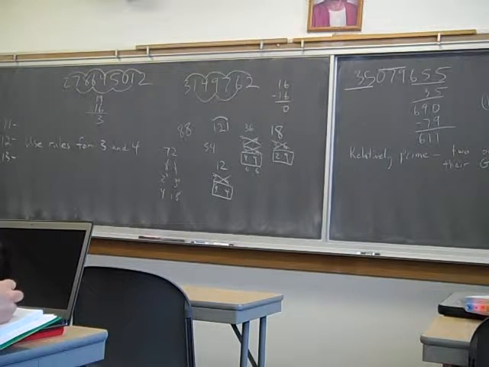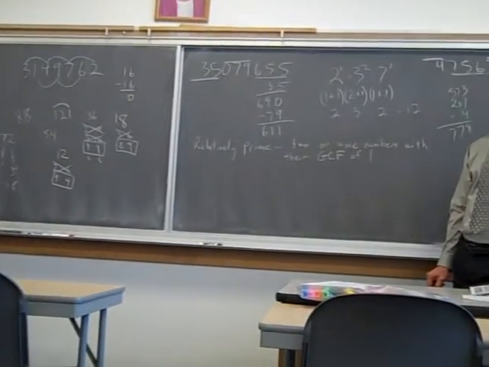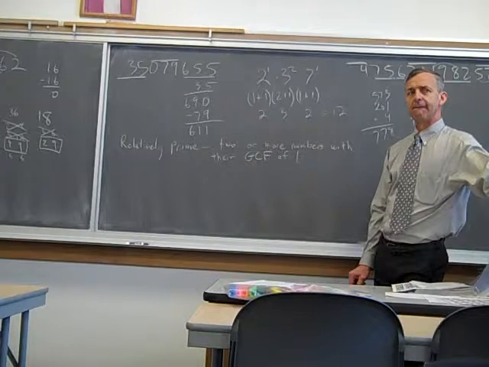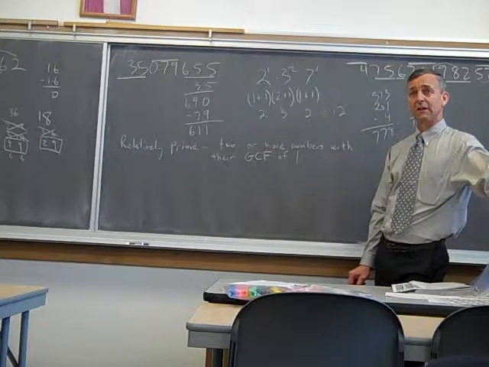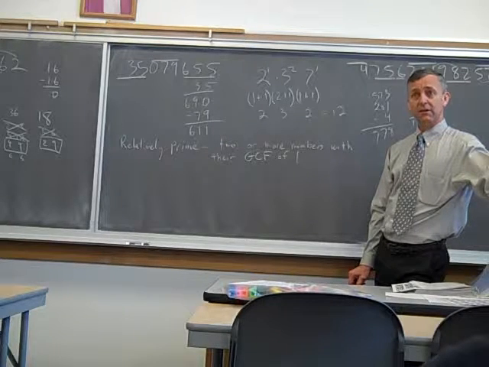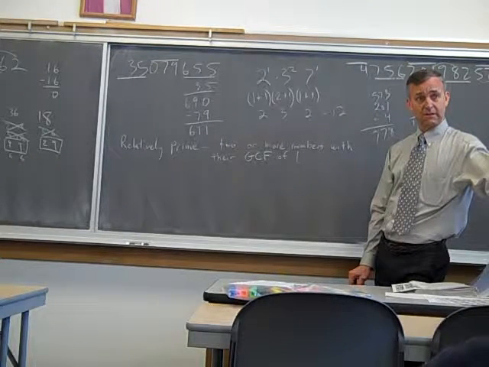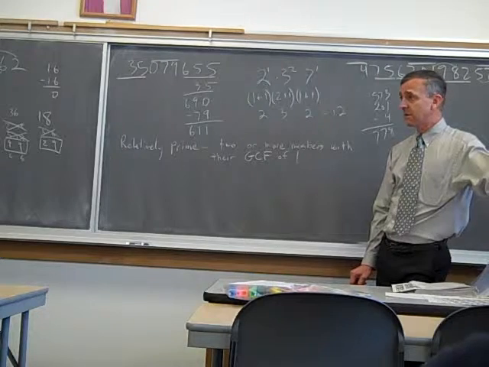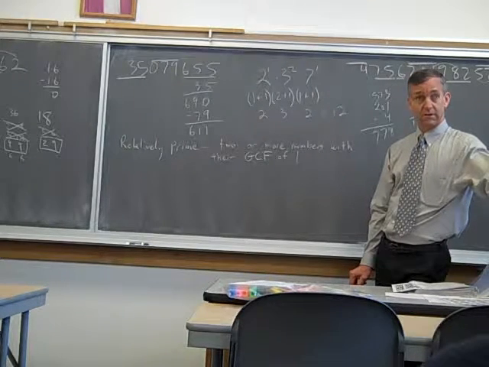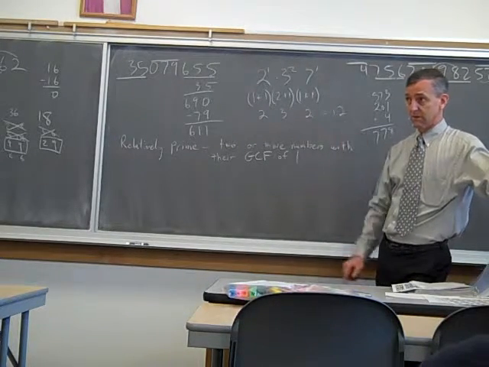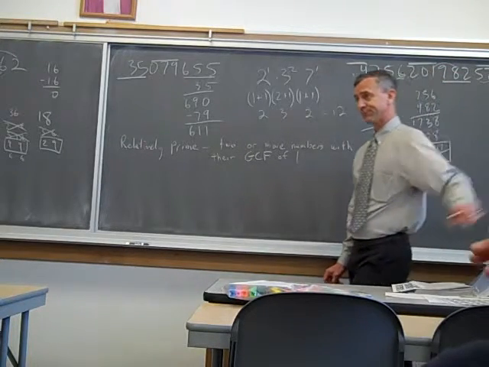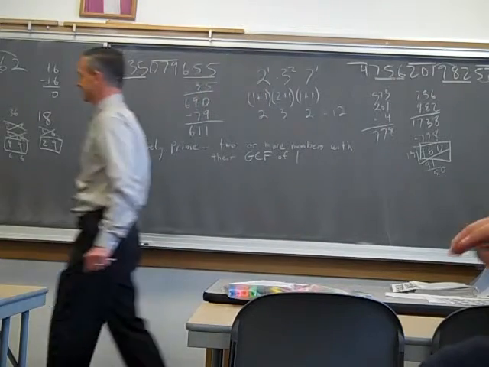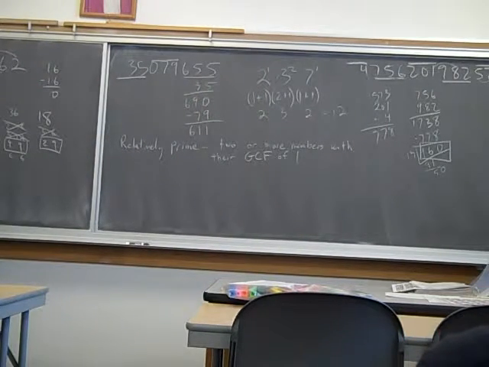Maybe before we go there yet, what about 16? Did everybody get that in the homework? 16, do you know the test for 16? Yes? No? It's the last 4 digits of the number has to be divisible by 16.